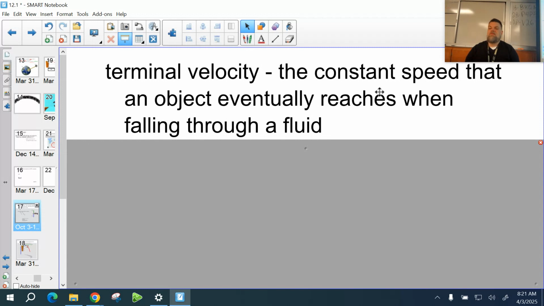A great example of terminal velocity is take a big heavy rock and throw it in water. It hits the water really fast, and then it just slows down and falls at a steady rate. That's terminal velocity. Well, water is a thicker fluid than air, but your body will do the same thing if you parachute out of a plane.